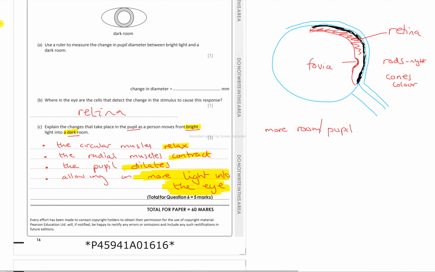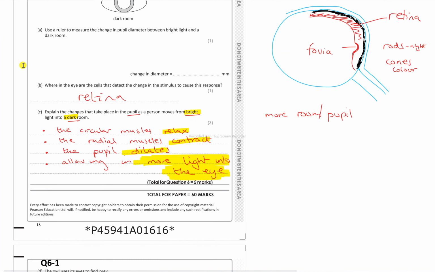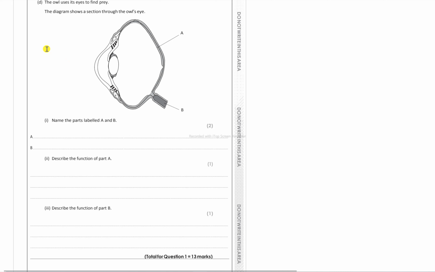Okay. Have you noticed that there's a line going through this thing, and there's your little fovea, and it goes into the optic nerve.